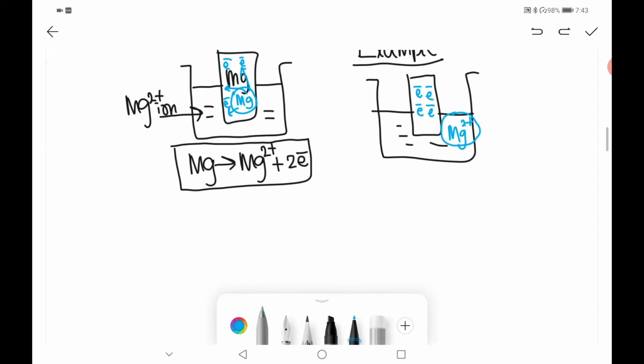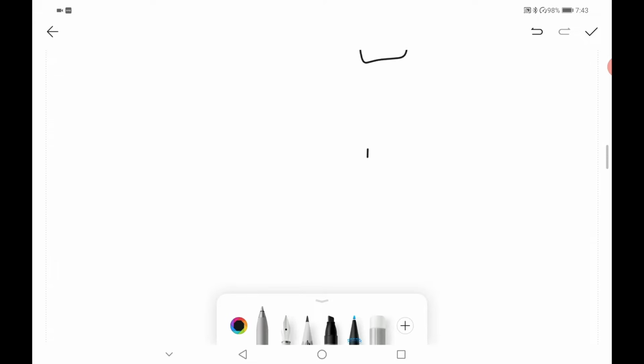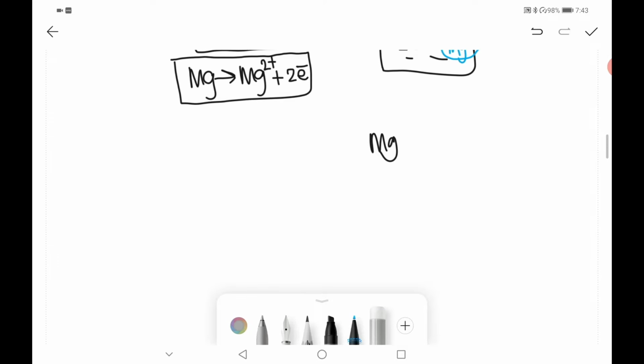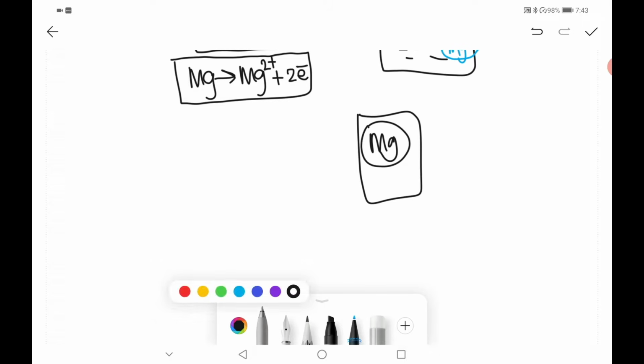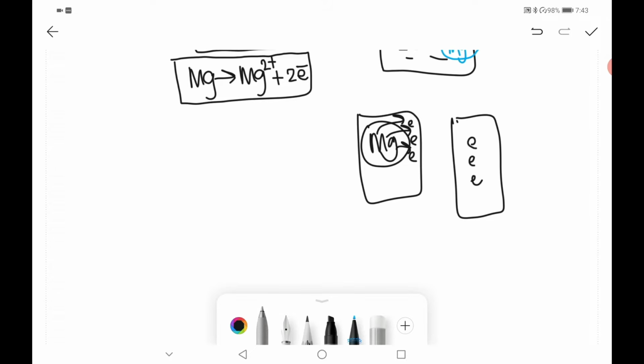Just now, this is magnesium. When this magnesium donates electron, it throws the electron into the electrode. So now your electrode inside got electrons already. All these electrons are donated by magnesium.